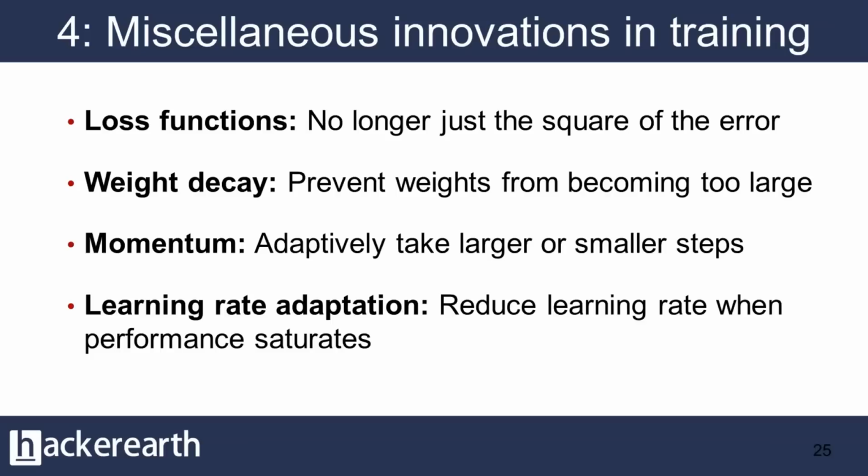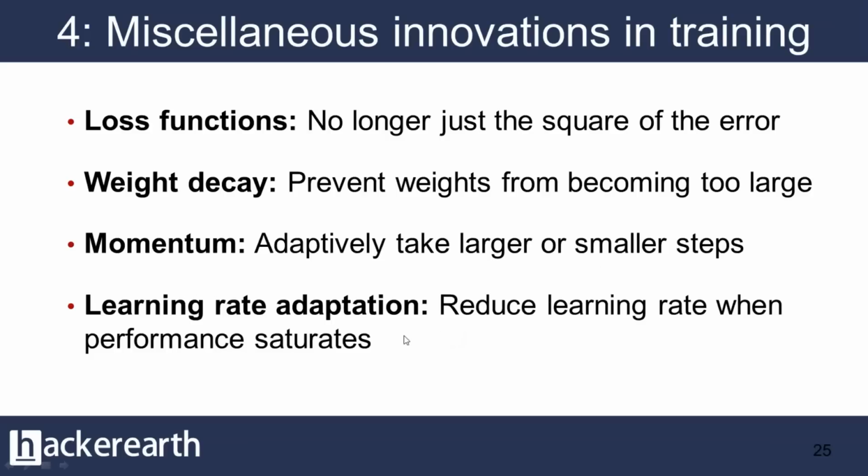If you take too large of a step, your training would become reckless. It would miss the right step size to actually go back and tune the weights. So momentum adaptively takes larger or smaller steps based on where you are in your optimization function.